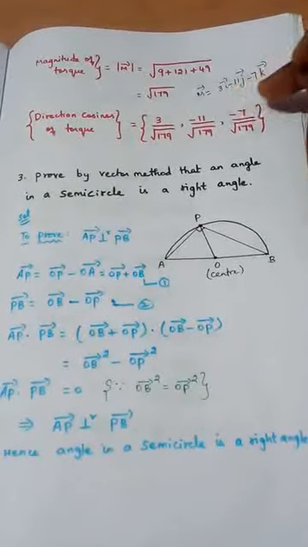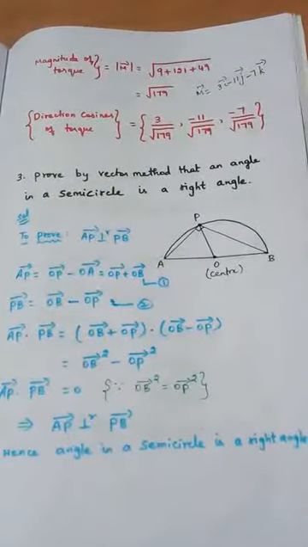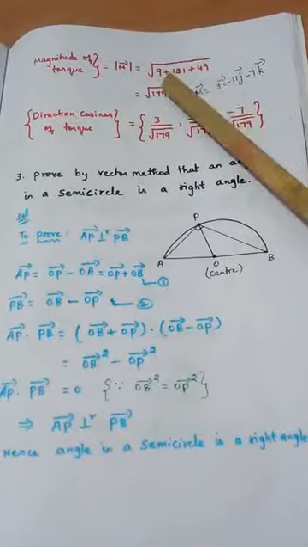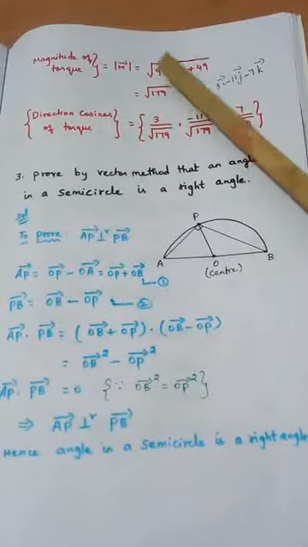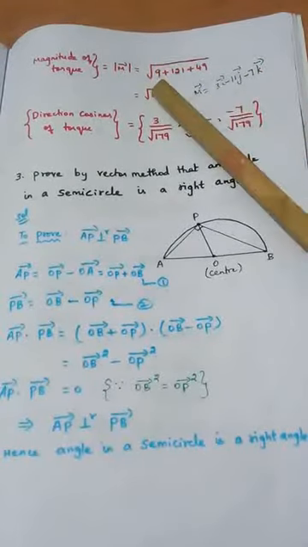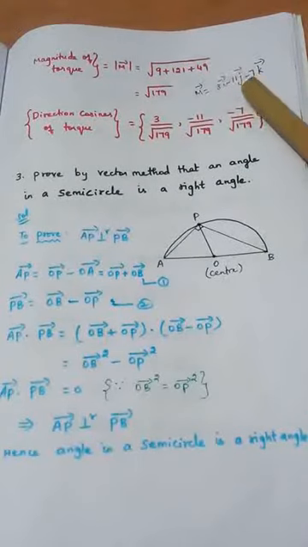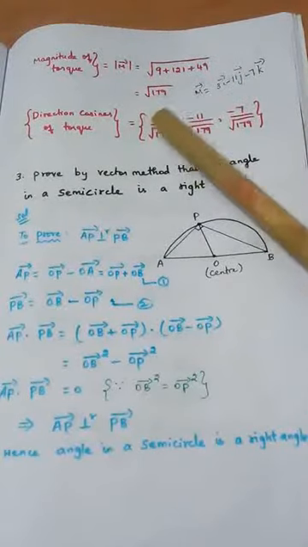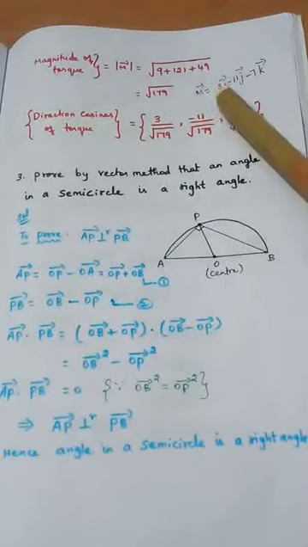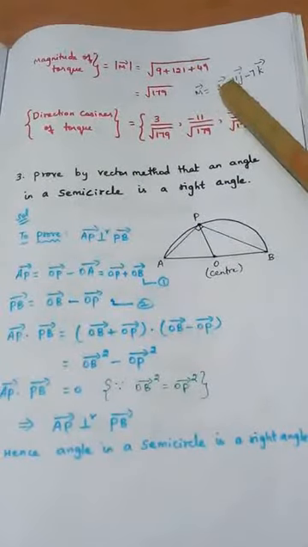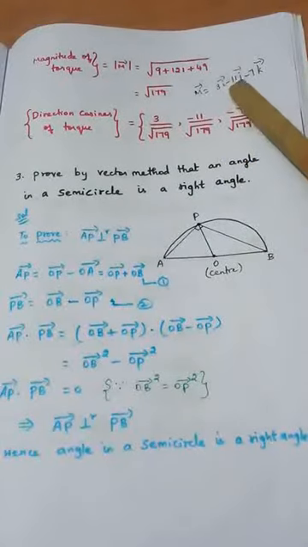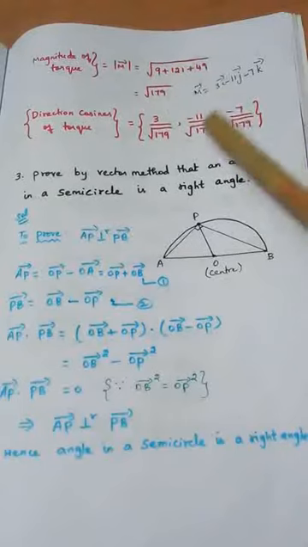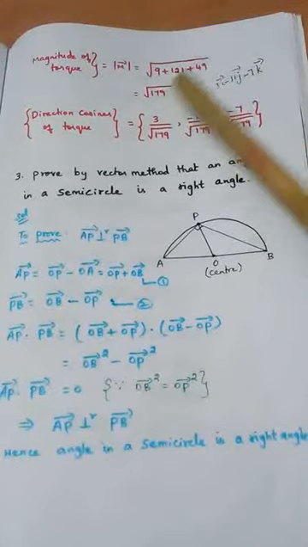This is nothing but the moment or torque. For this we found the magnitude, modulus, length: 3 squared is 9, 11 squared is 121, minus 7 whole squared is 49. Direction cosine means you take the coefficient 3 divided by this number, so 3 by root 179. Take the j coefficient, divide it by the modulus. Take the k coefficient, divide it by the modulus.